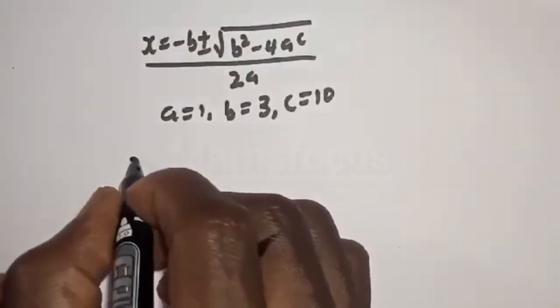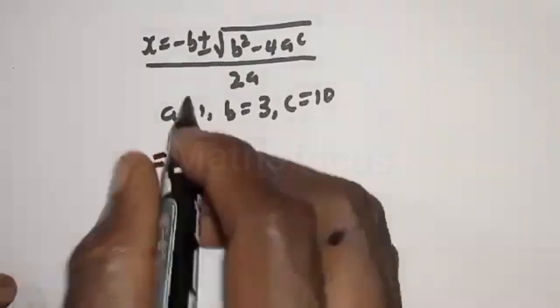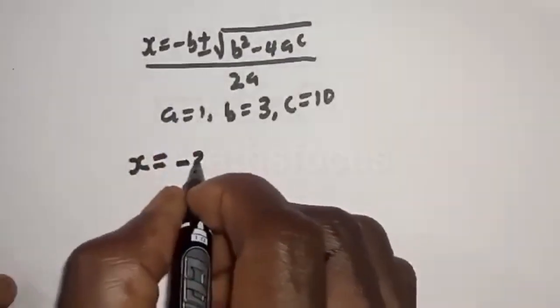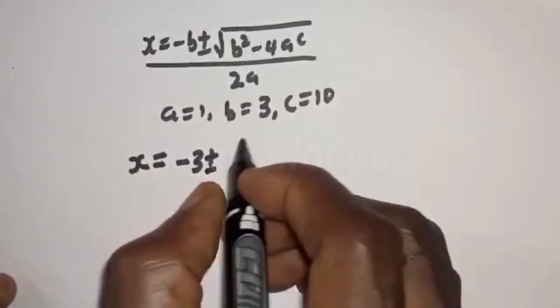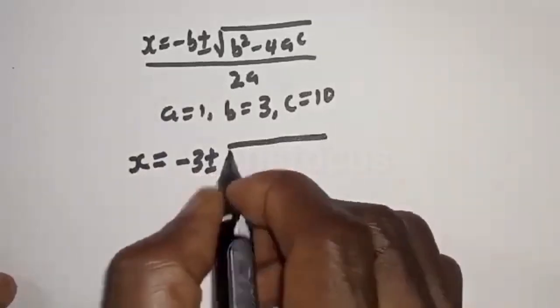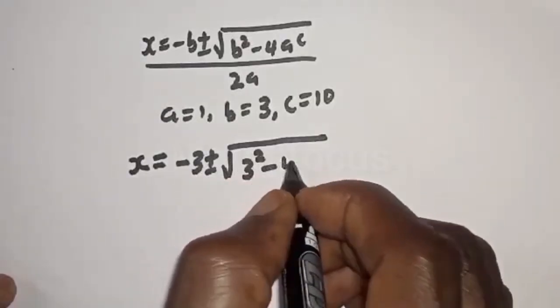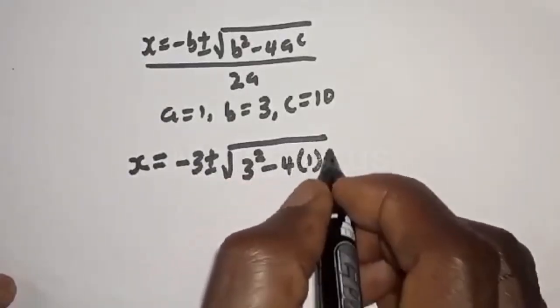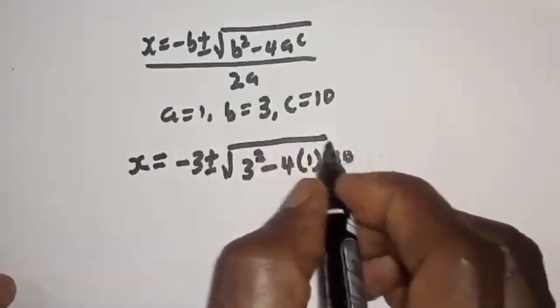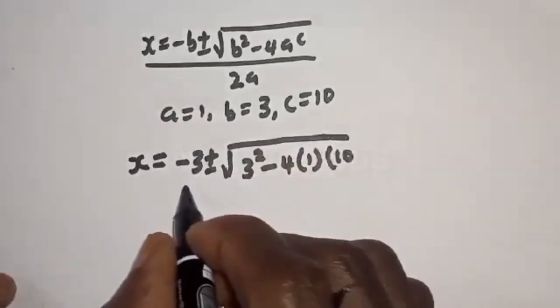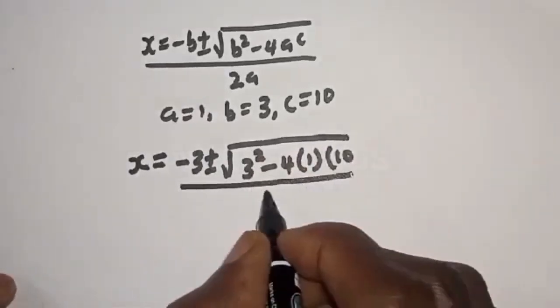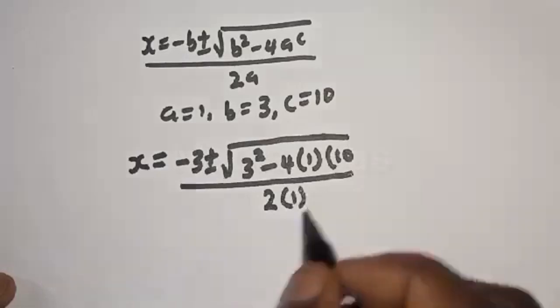Then s is equal to minus 3 plus or minus square root of 3 square minus 4 multiplied by 1 multiplied by c, which is 10, over 2 multiplied by 1.